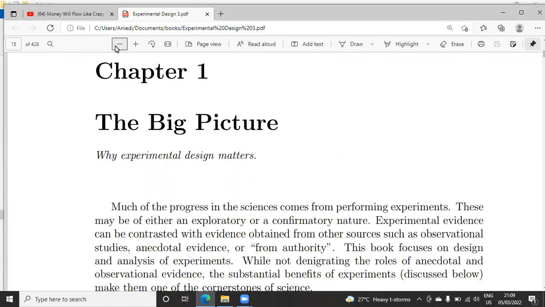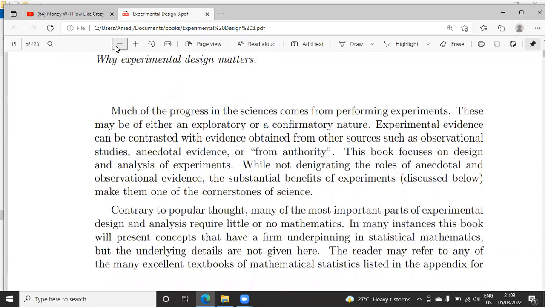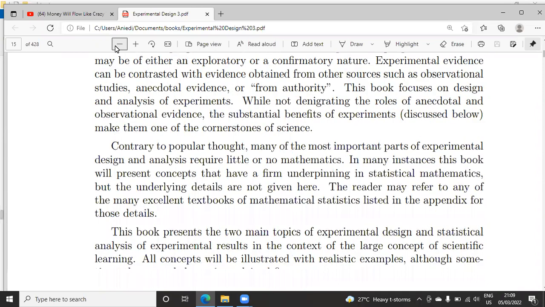I love the caption that this man gave. It says, the big picture: why experimental design matters. It talks about how much of the progress in sciences comes from performing experiments.